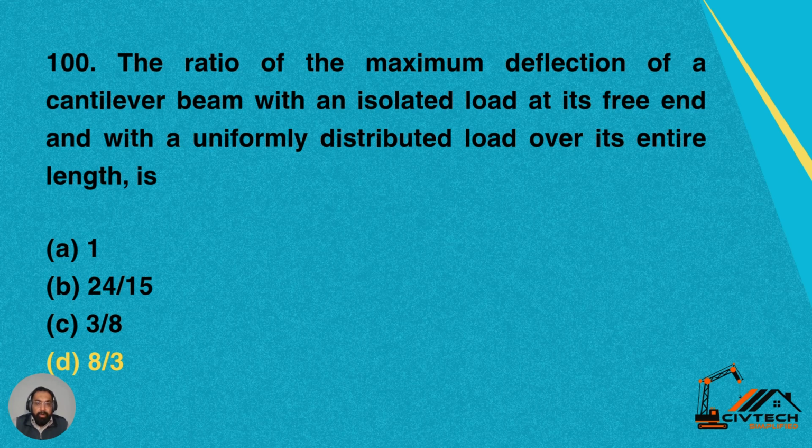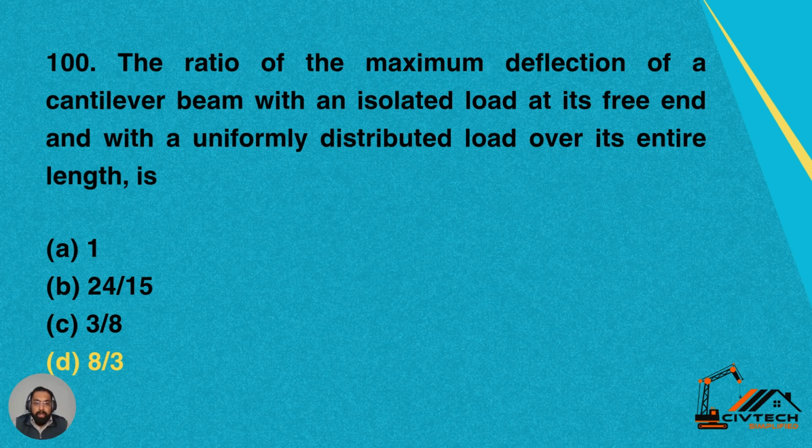One is isolated load, which is applied at free end, and the other is uniformly distributed load, which is applied at the entire length of the beam. So the ratio of maximum deflection would be option A 1, option B 24 by 15, option C 3 by 8, option D 8 by 3. So it will be option D 8 by 3.